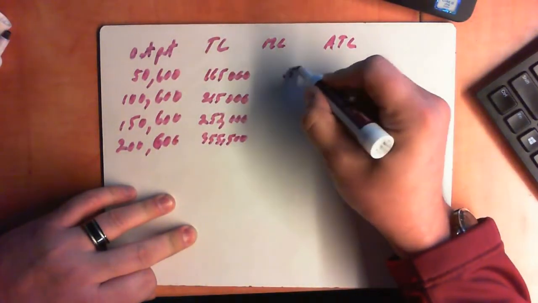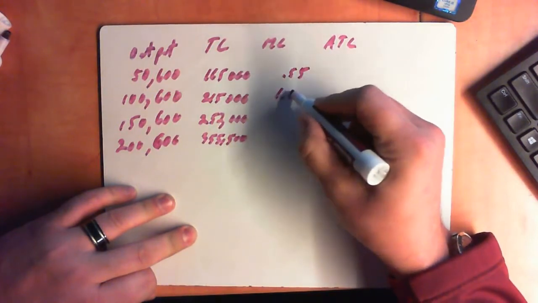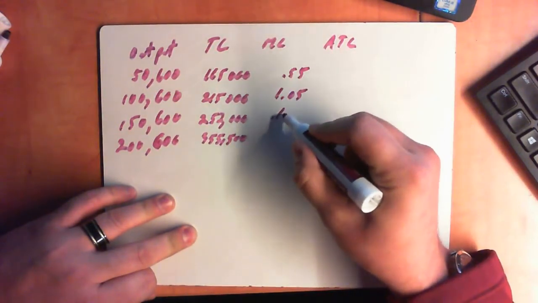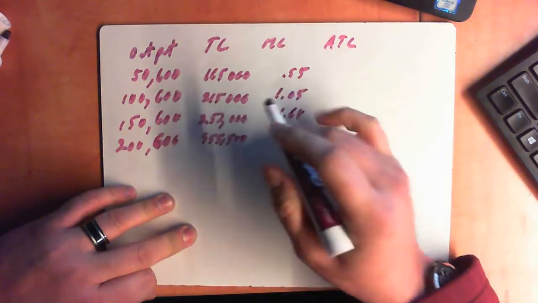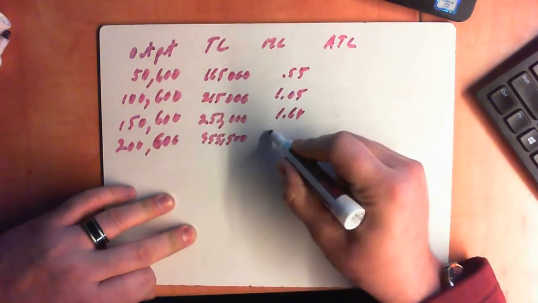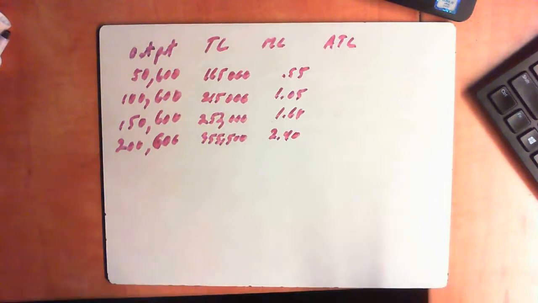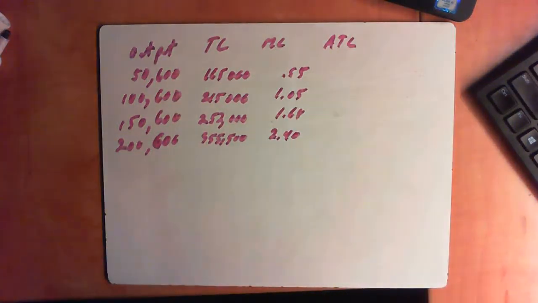Marginal cost being 55 cents, $1.05, $1.68, and $2.40. So the first thing it's asking you is how to figure out the average total cost.